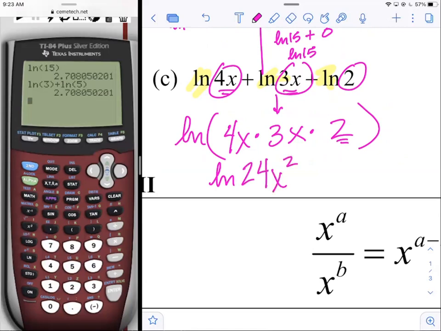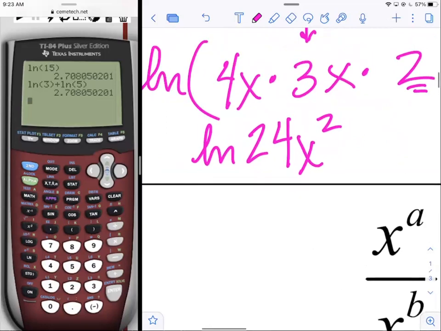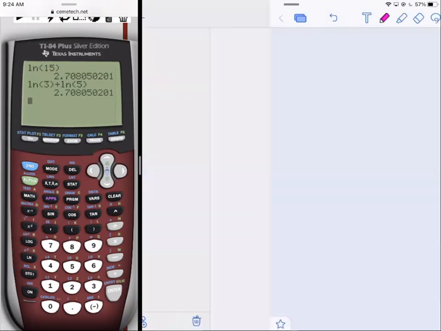And again, when we write it as 24x squared, we're assuming that the x squared is attached to the 24, right? By default, without parentheses, the first term is always associated with the argument, okay? So if you wanted natural log of 24 to be a coefficient of x squared, you would have to put parentheses around that. Now it's a quadratic, right, with a funky coefficient.